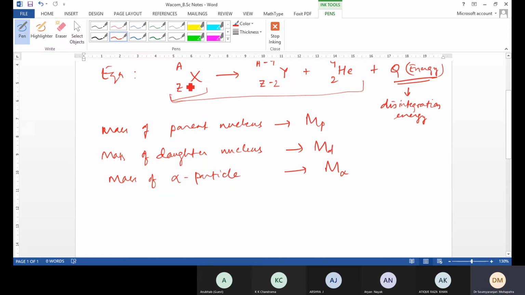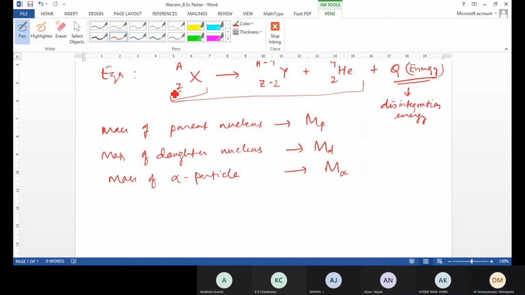When it disintegrates, the alpha particle comes out with some velocity, let's say v alpha. Then, in order to conserve momentum, because we first have to derive in terms of classical mechanics, the daughter nucleus must recoil back with a certain velocity.